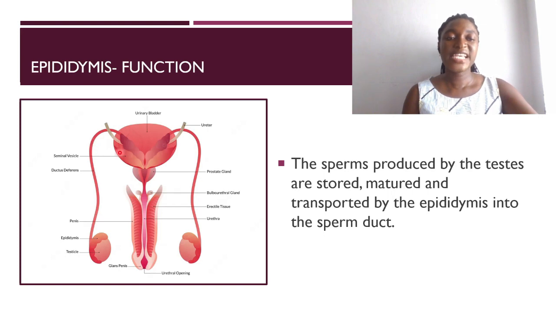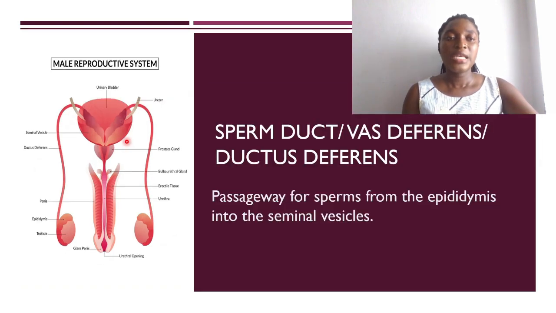So the sperm duct is the next layer that we get to. As the name suggests, it's a tube through which the sperms travel. The sperm duct is also referred to as the vas deferens or the ductus deferens. It is the passageway for sperms, so the sperms travel through it from the epididymis into the seminal vesicle.